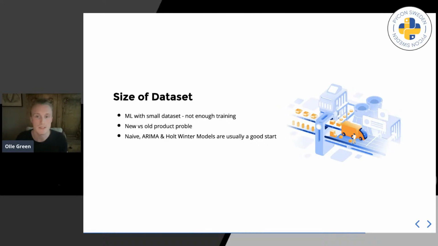Start off with some easy statistical models, and what has been proven throughout many forecasting studies and competitions as well. I think it's called M3, if I'm not incorrect. ARIMA models and Holt-Winters models are usually a good starting point to get good accuracy before you go into the more complex algorithms.